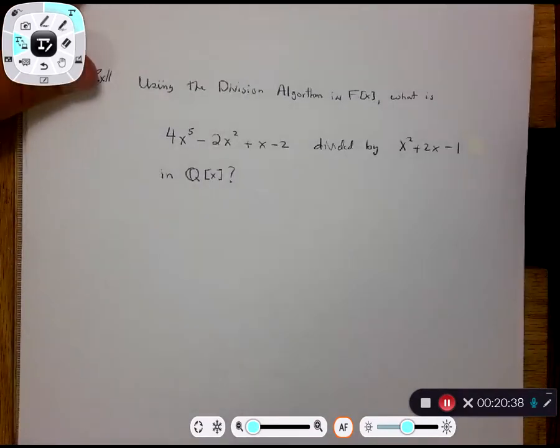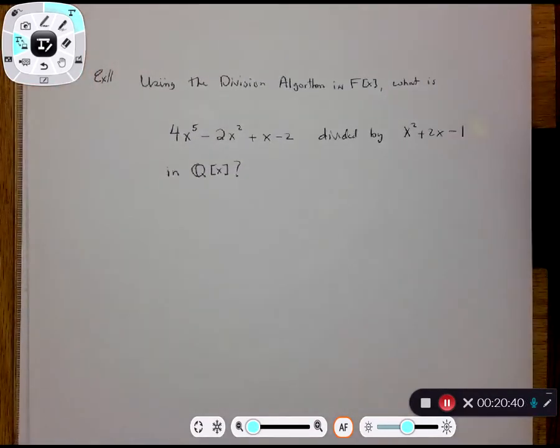So I got another example for you here. Using the division algorithm in F adjoined x, what is 4x to the 5th minus 2x squared plus x minus 2 divided by x squared plus 2x minus 1? But I got to tell you, remember, you're in modern abstract algebra here.